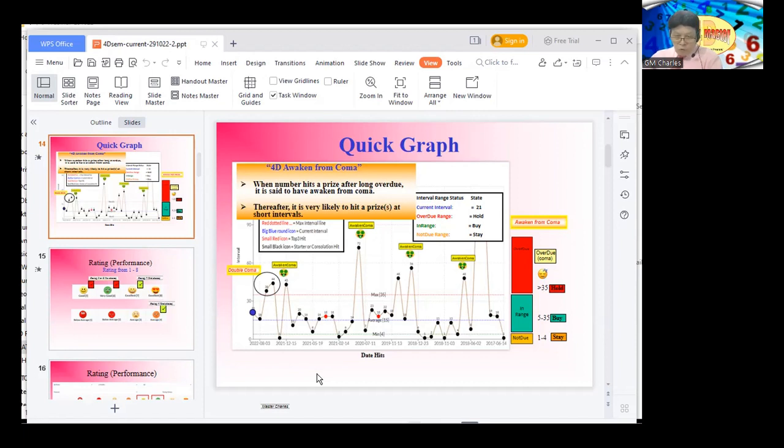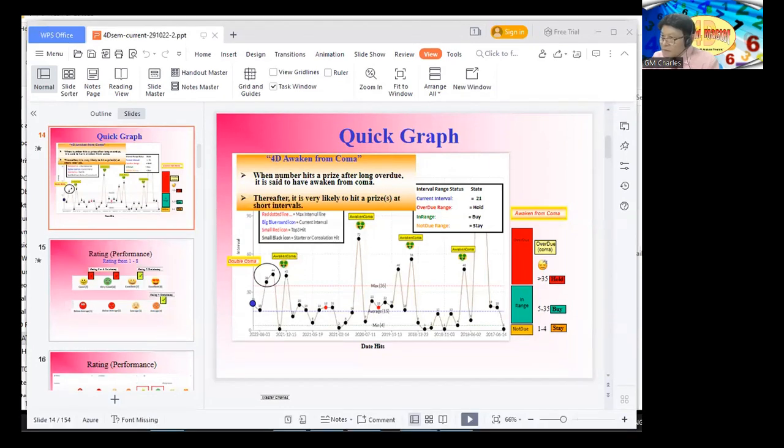Okay, I will explain again later how I arrive at this IR1 or IR2, which is a better range to buy. I'll show you some real examples. Okay, so let me just bring up the other program, 4DGM.